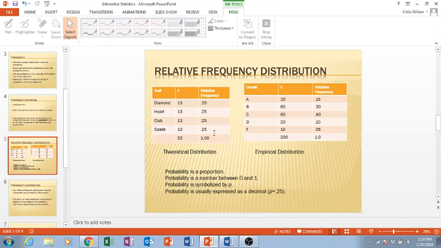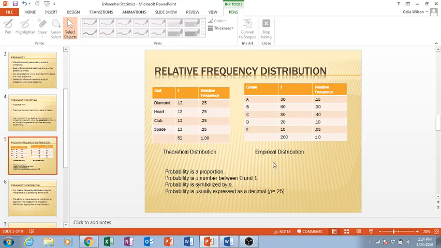So the probability of pulling one of each suit is 0.25. Or we can think about it in terms of 25%. What are the odds, or what's the probability of pulling a diamond? Well, it's 25%. So distributions based on what we would expect, we call those a theoretical distribution.